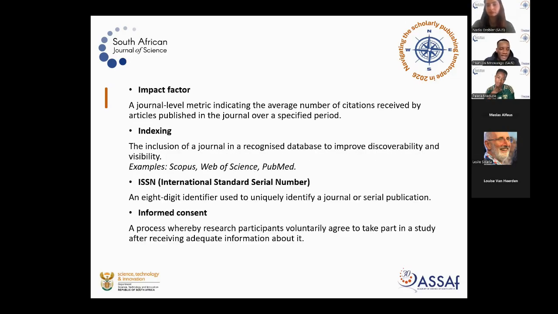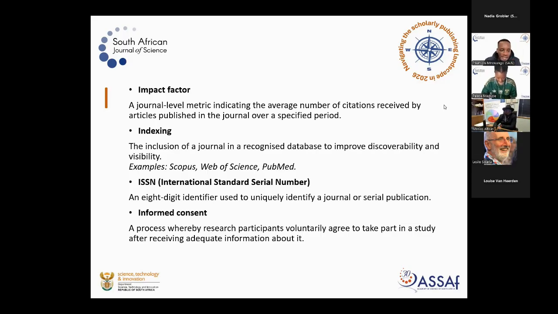An impact factor is a journal-level metric indicating the average number of citations received by articles published in the journal over a specified period. Indexing is the inclusion of a journal in a recognized database to improve discoverability and visibility. For example, Scopus, Web of Science, and PubMed.